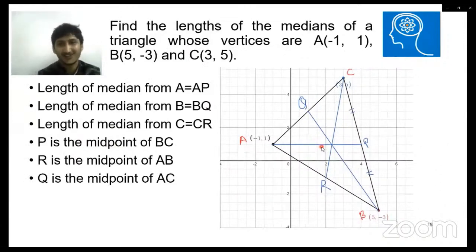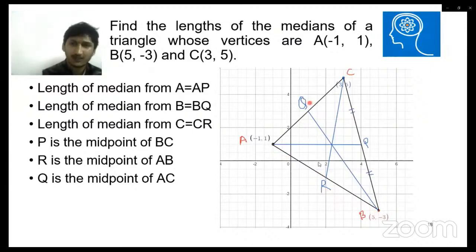Now in this question, we have to find the length of all the 3 medians. I showed you how to find the length of the first median. Now you try to find the length of the other 2 medians. You can find it very easily. First, you will have to find the coordinates of point Q, which is the midpoint of AC, and then you have to find the coordinates of R, which is the midpoint of AB.